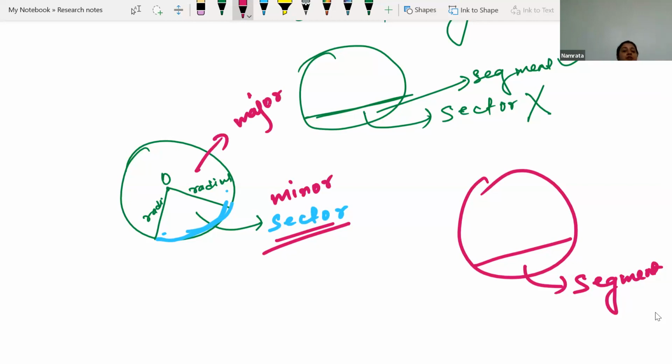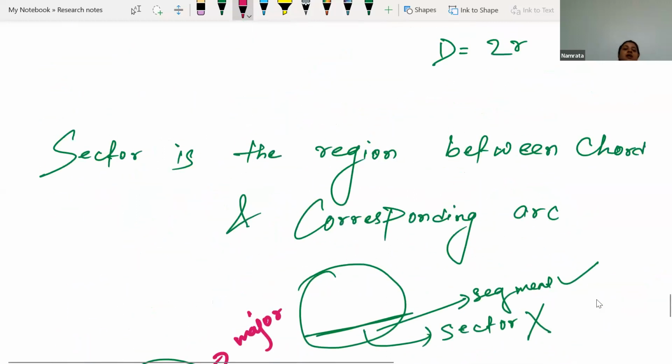You can see both the figure number 1 and figure number 2. In figure number 1, I have plotted the sector of the circle. In figure number 2, I have drawn the segment of the circle. What exactly does the statement say? The statement says that the sector is the region between chord and the corresponding arc. So sector is not the region between chord.